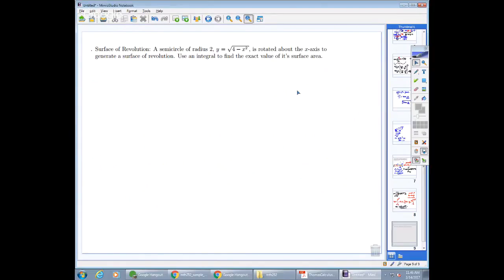That would be the upper portion of it. And we want to revolve it around the x-axis. And we want to then see what is the surface area generated. So there was a homework problem kind of like this one. So just a quick sketch, always a good idea. So 1, 2, 1, 2.